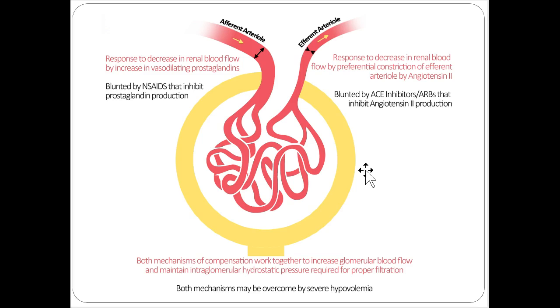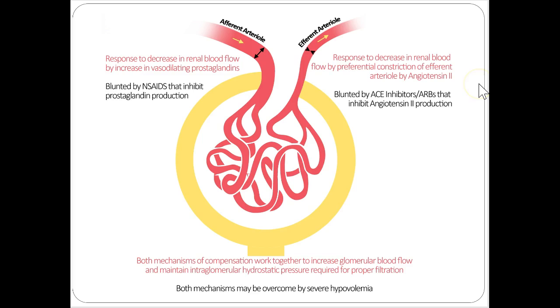So the mechanism, just to review: you have the afferent arteriole, and what happens is you get a response to decreased renal blood flow by an increase in vasodilating prostaglandins. Remember, NSAIDs decrease those good housekeeping prostaglandins, so you don't get that natural vasodilation. So the afferent arteriole is constricted with NSAID therapy, meaning that blood's not flowing in as well. The efferent arteriole is the exiting one, and E for exit is the way I always remember it.